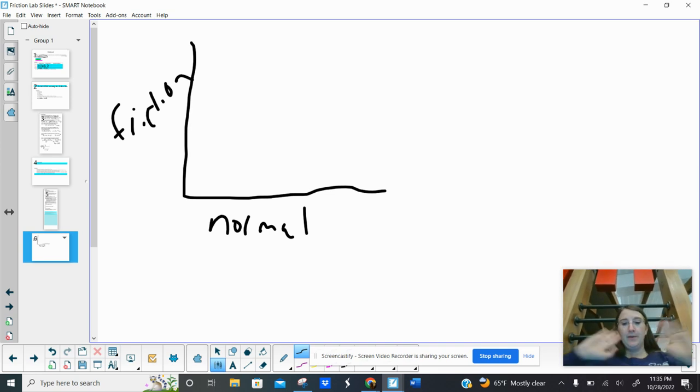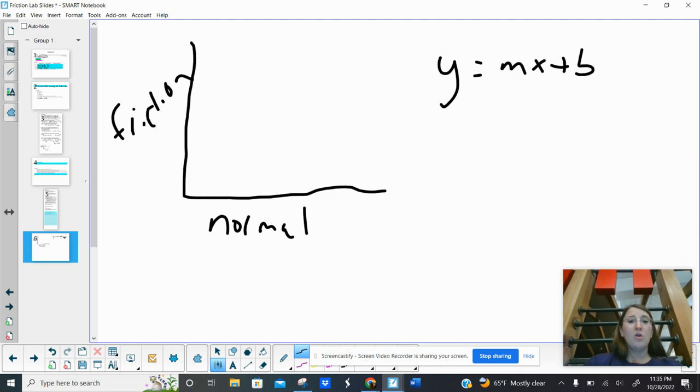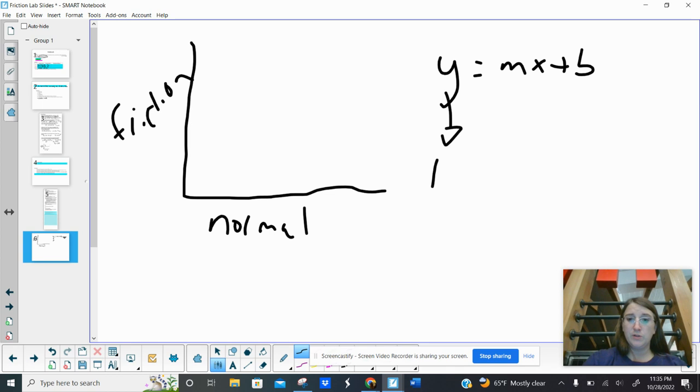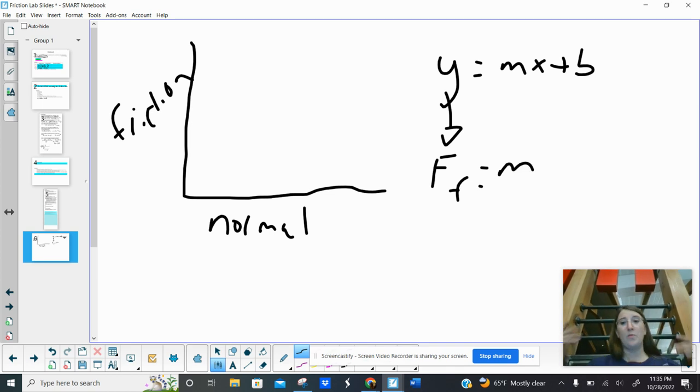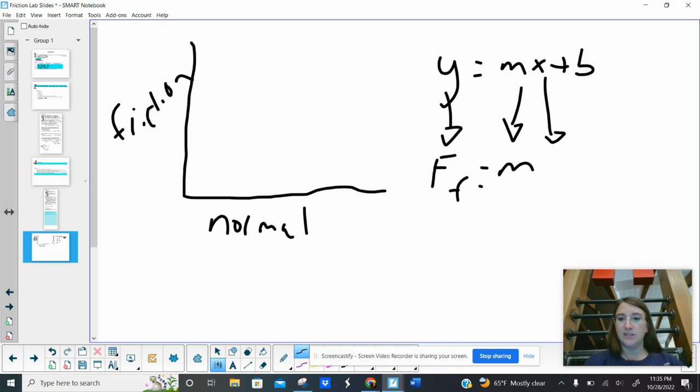When you look at your equation, it is always going to be y equals mx plus b, for whatever equation you got. So if we notice, what is on our y-axis? The friction force. And then I have my slope, whatever your slope happened to be based on your data. And then we have our x, which, if we look at our graph, was the normal force.